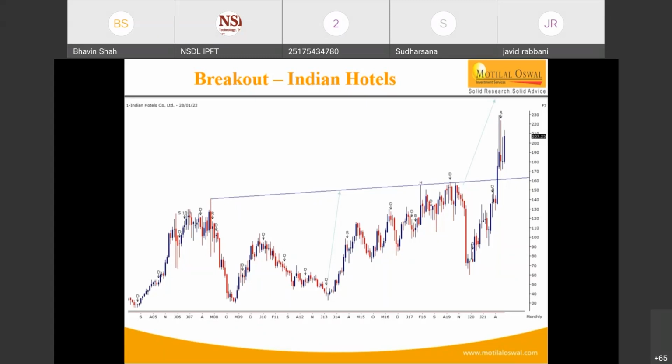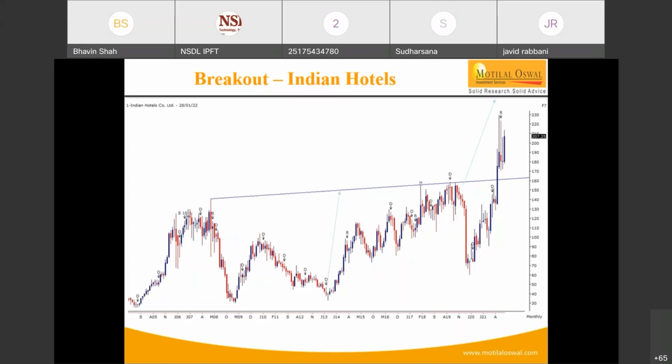So here the target, the arrows that I have shown, is the entire consolidative phase added to the breakout, and the stock is expected to do very well. Also, the momentum is very strong in breakout stocks, so we should also take support of momentum, which gives us a quick check on the post-breakout move. So Indian Hotels is definitely a stock which is expected to do well after the breakout.